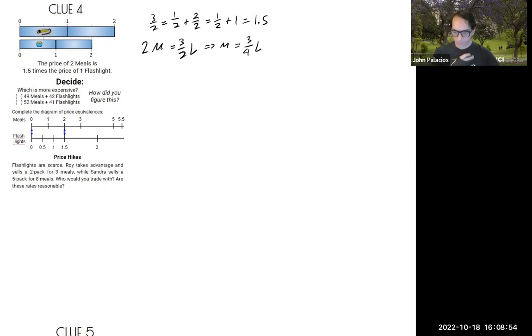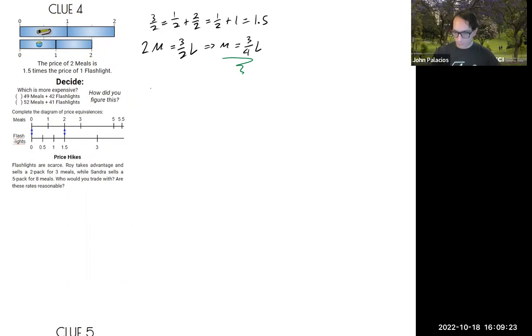Now, we're asked to decide which is more expensive, 49 meals and 42 flashlights, or 52 meals and 41 flashlights. Once you work with your students to get them to realize this ratio or the other way around, then you can substitute into these 2 expressions to eliminate the other variable to determine which is more expensive.